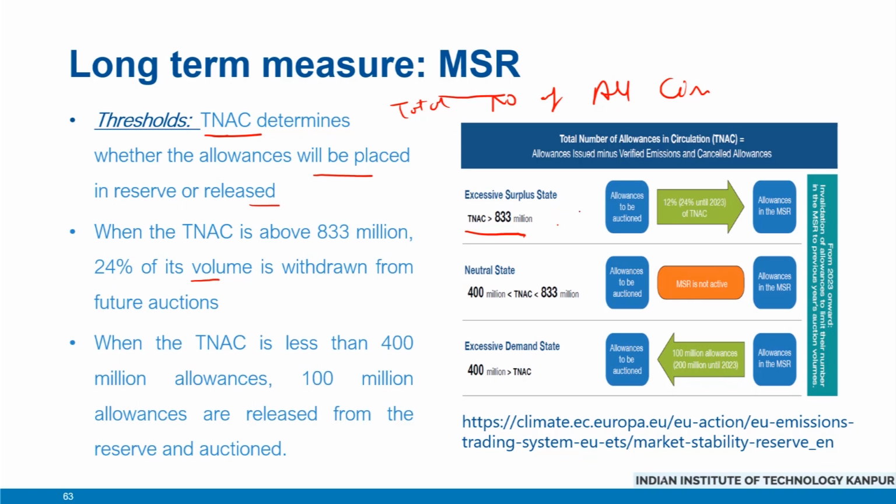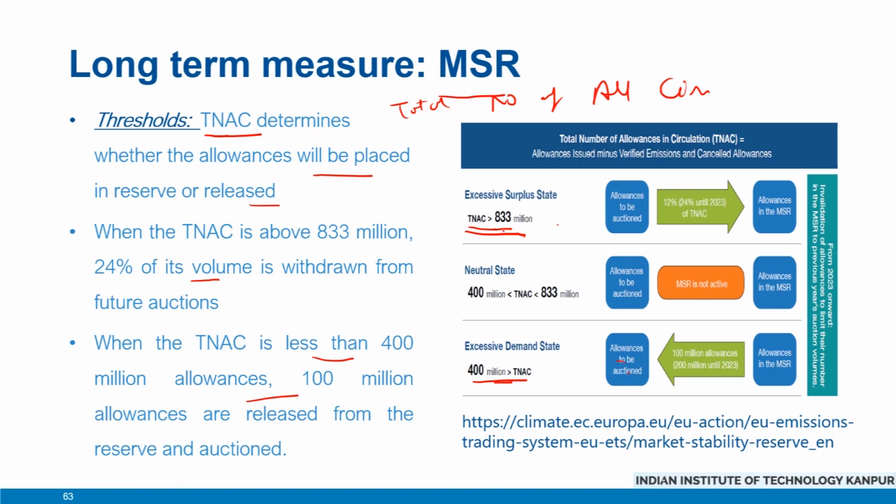So allowances will be absorbed. And when this TNAC is less than 400 million, 100 million allowances are released from the reserve and auctioned. So if it is greater than 833, they are absorbed. If it is less than 400, they are released.